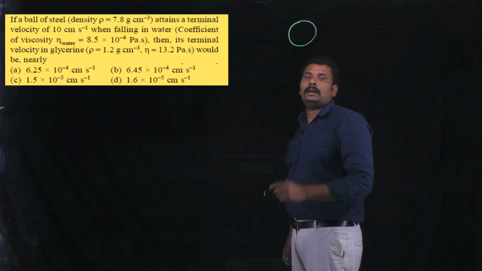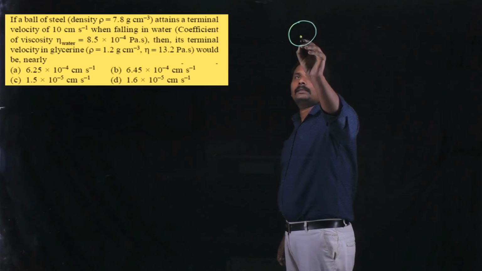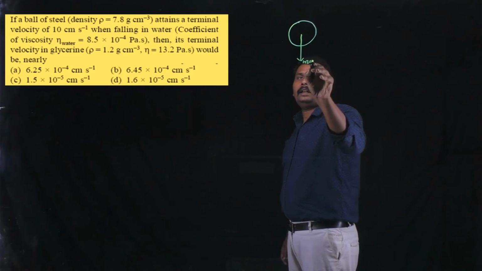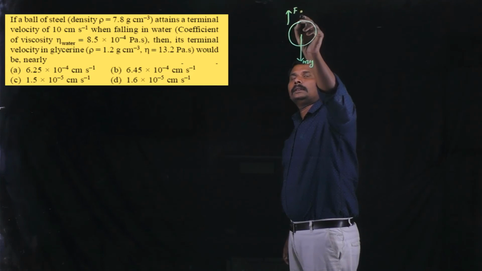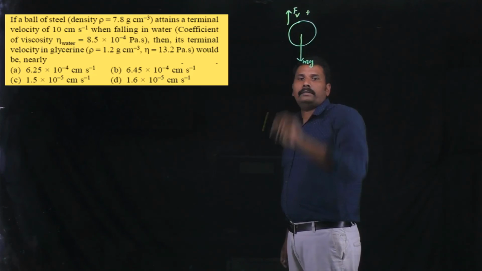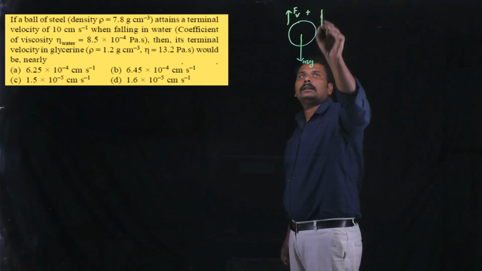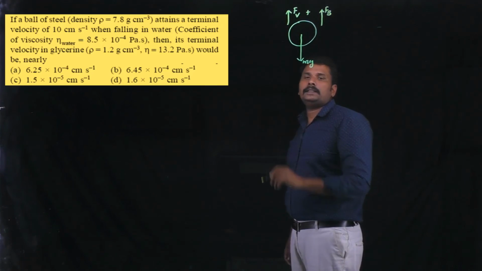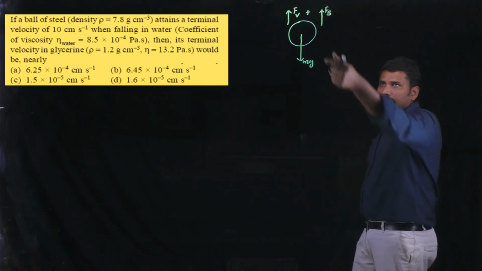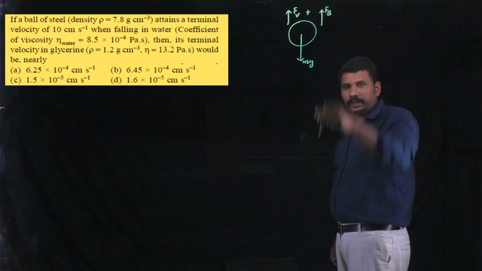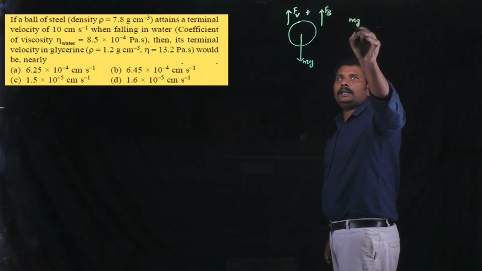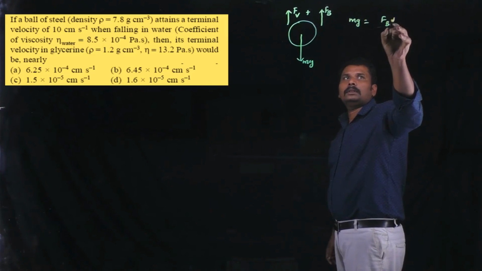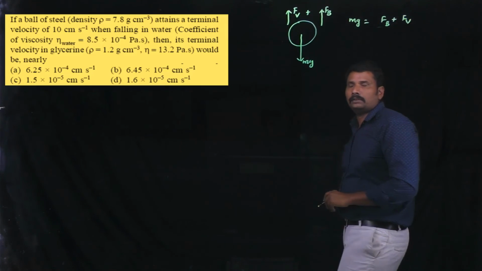When this steel ball falls through a fluid, if the weight of this steel ball is exactly equal to the sum of the viscous drag force and the upthrust force, which is nothing but the buoyancy force, then this steel ball falls through the fluid with a constant velocity. It means the weight of the steel ball is exactly equal to buoyancy force plus viscous force.